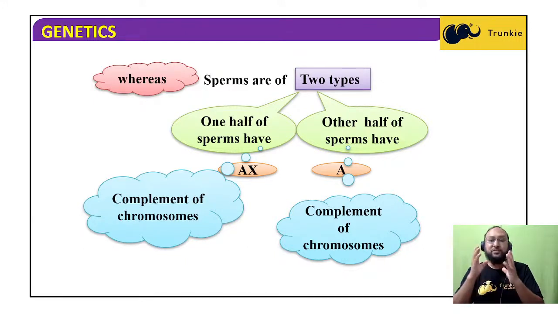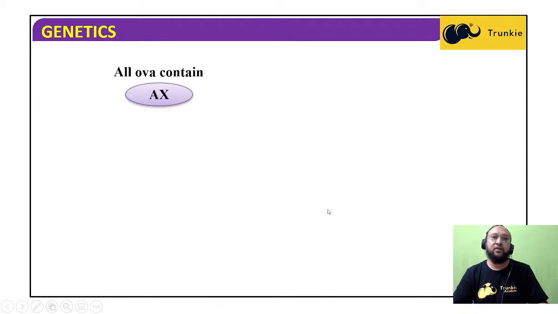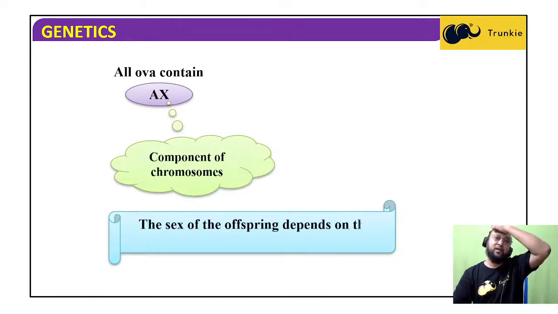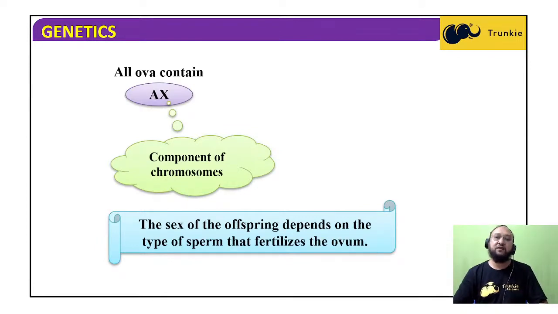The sperm with only autosomes fertilizing the female gamete will give a male, and the sperm cell with the X chromosome will give a female. All ova contain A plus X, and the sex of the offspring depends on the type of sperm that fertilizes the ovum.